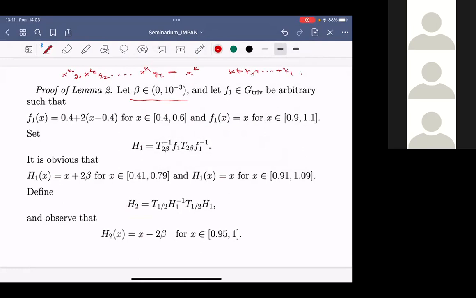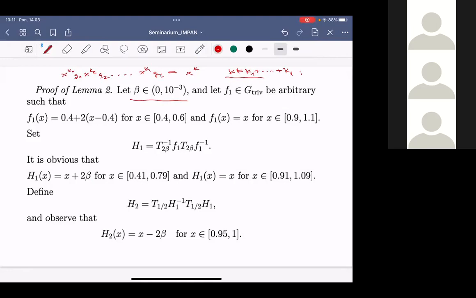This is our lemma 2. Okay, so take beta sufficiently small. For our consideration, beta less than or equal to 10 to the power minus 3 will be sufficient.